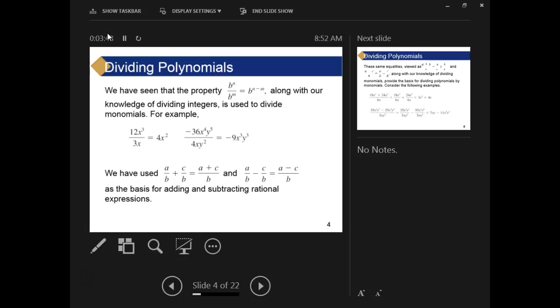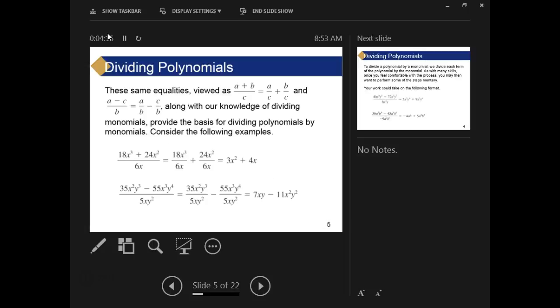Keep the denominator, add or subtract the numerators. We just did that. This is the basis for adding and subtracting rational expressions. The a's, b's, and c's are not numbers, they are just letters. They can be expressions, polynomials or whatever.